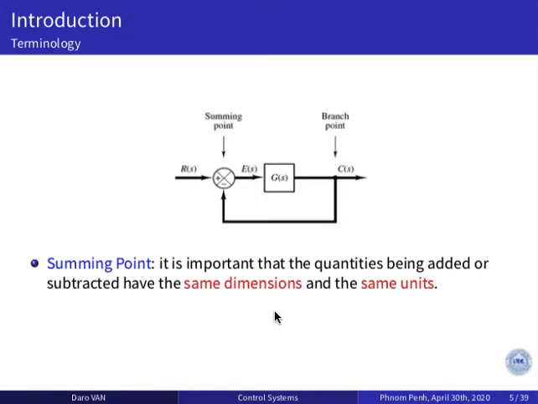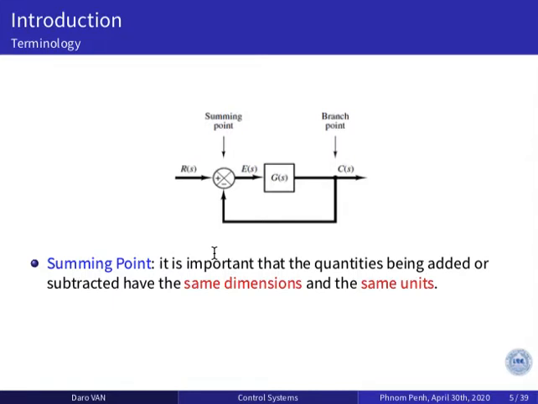Okay, so it is important that the quantities being added or subtracted have the same dimensions and the same unit, otherwise you will be having a hard time. For instance, if you use Simulink, then Simulink will flag errors due to the dimension mismatch.